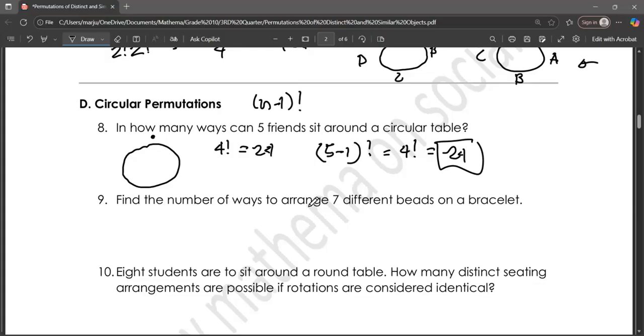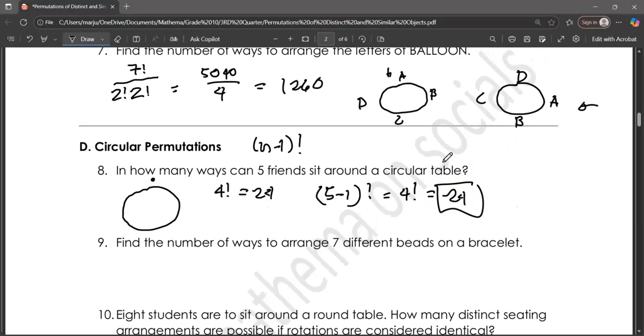Let's do number 9. Find the number of ways to arrange 7 different beads on a bracelet. So always remember, by context, a bracelet can be rotated and it can also be reflected, right? When you rotate a bracelet, that's the same thing as going around. If you flip a bracelet, for example, this one, I'm flipping this out.